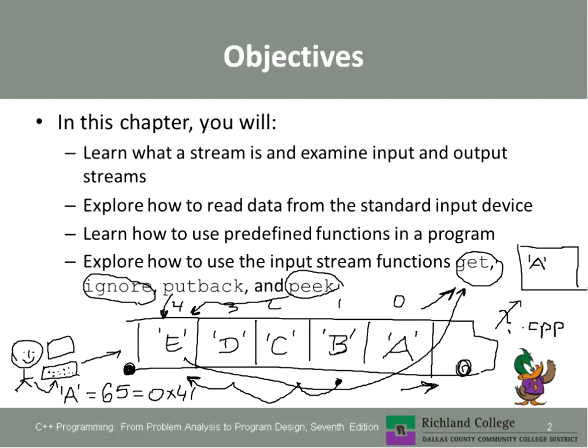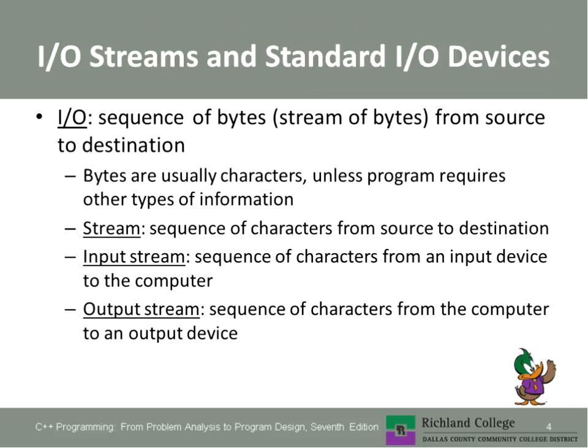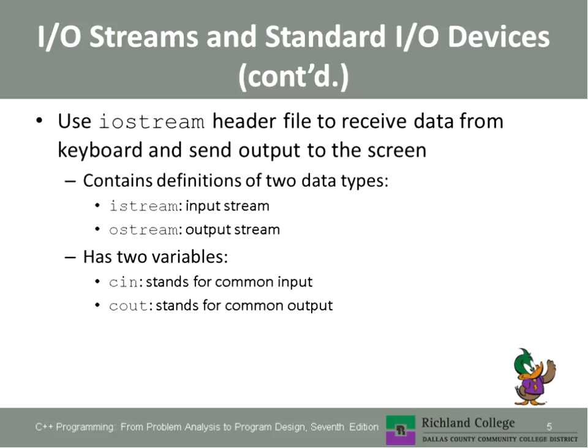But all of that's going to be depending on this input stream. So make sure that you understand basic terminology. And then when we're talking about input and output devices, just make sure that you understand the libraries involved.